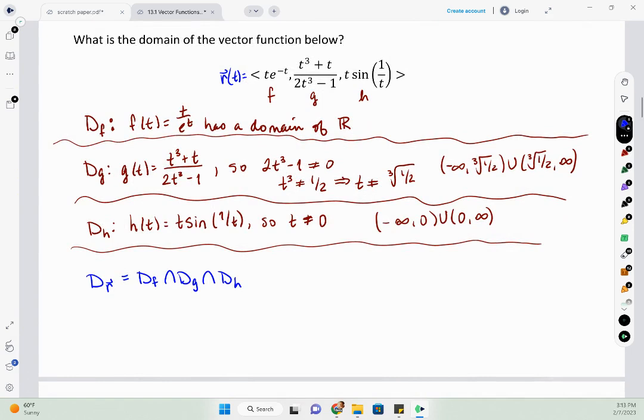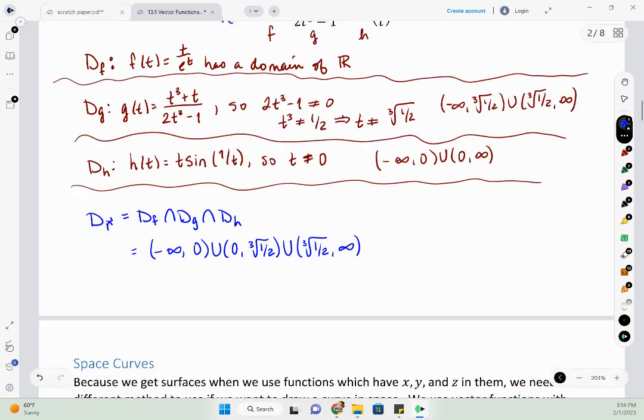So basically we have the whole real number line, but no 0 and no cube root of 1/2. And so what that's going to be is we're going to go from negative infinity up to 0, union, pick up again at 0 and go to the cube root of 1/2, union, start up again at the cube root of 1/2, and go to positive infinity. And that is our overall domain for the vector.